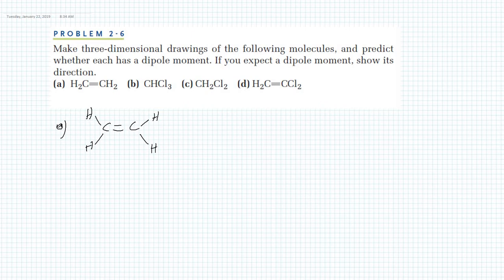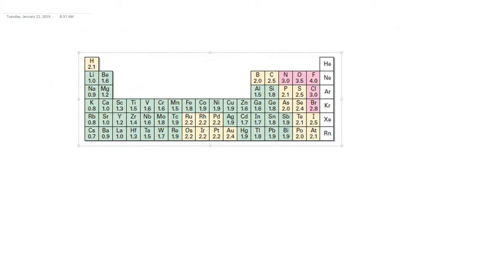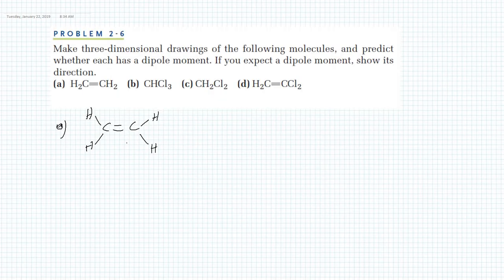If you go to the table of electronegativities, carbon has 2.5 electronegativity value and hydrogen 2.1, and the difference is 0.4, and we know that as a rough guideline, if the electronegativity difference is less than 0.5, we say that the bond is not polar. Since we don't have any polar bond, this molecule doesn't have any net dipole moment.